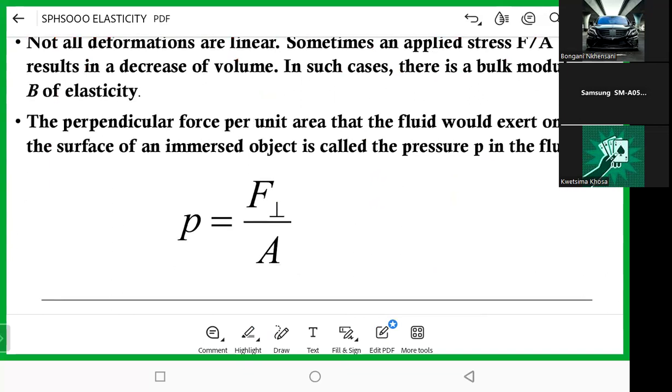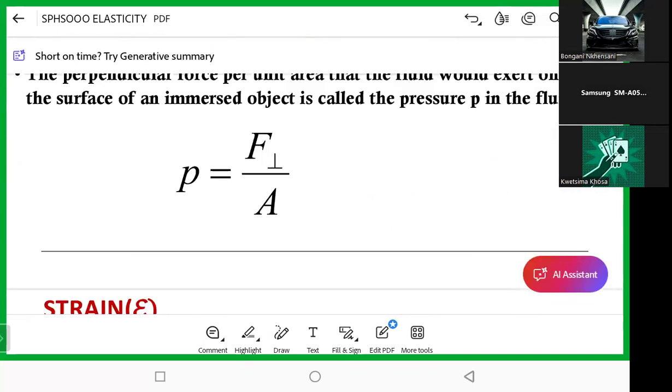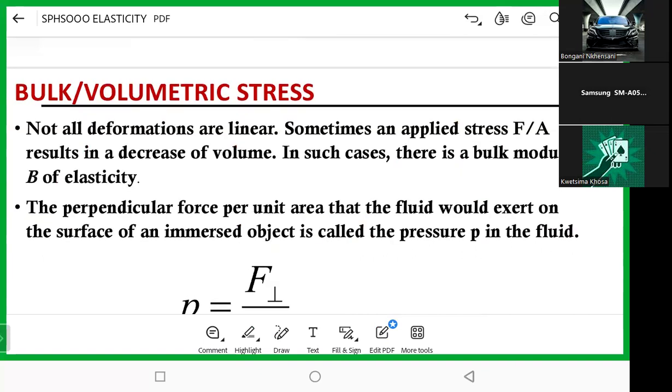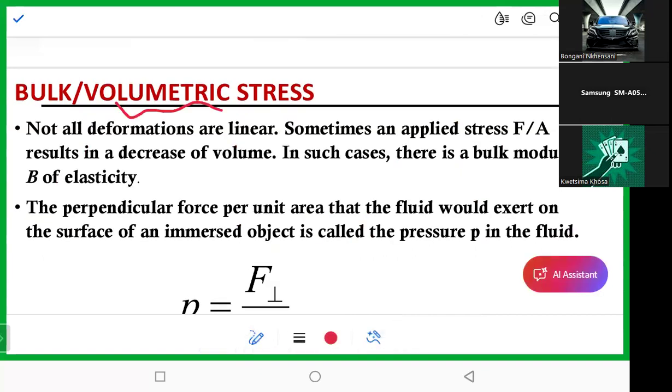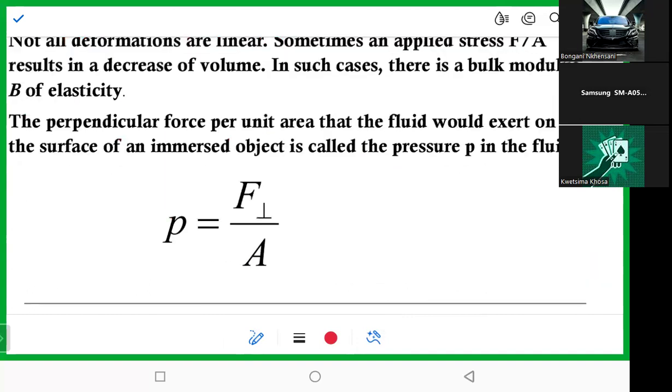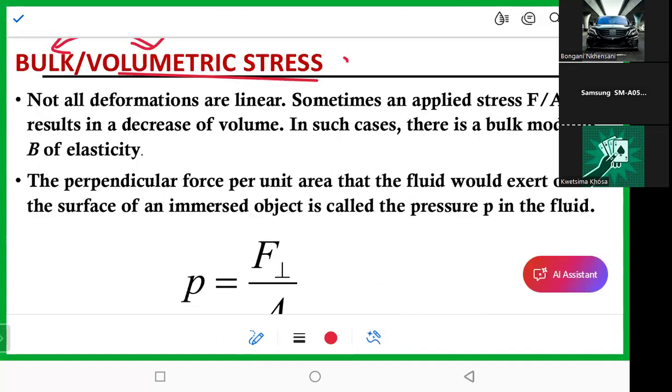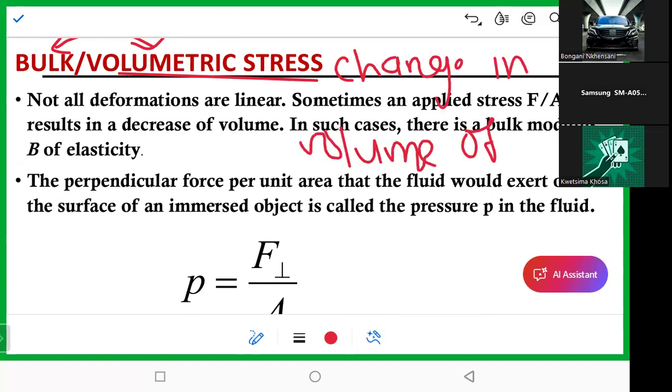And then with this one, bulk or volumetric stress, this one is talking about the change in the volume of our object.